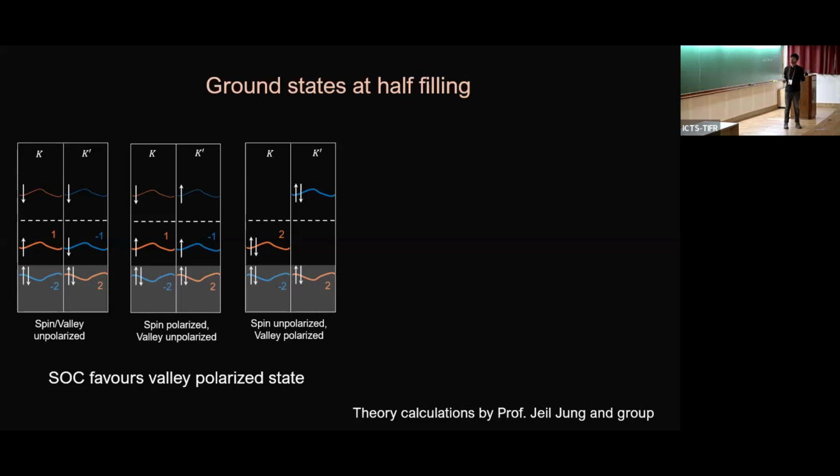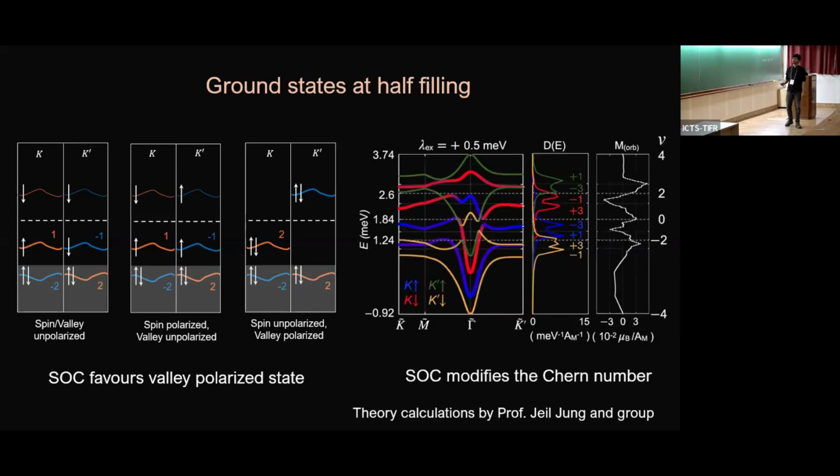But this is too simplistic. The band structure changes the moment you add spin orbit coupling in the system, and these theory calculations are by Professor Jiljang and group. So the Chern number changes, but the total Chern number remains the same at the half filling, which you get for regular twisted bilayer graphene also.